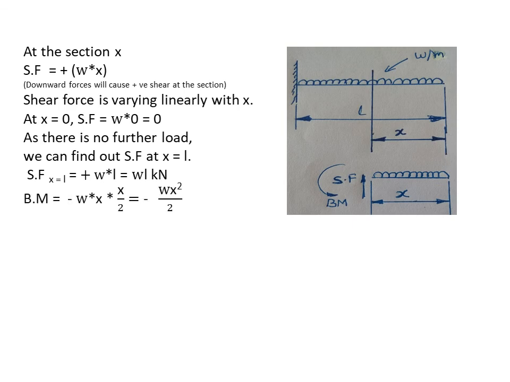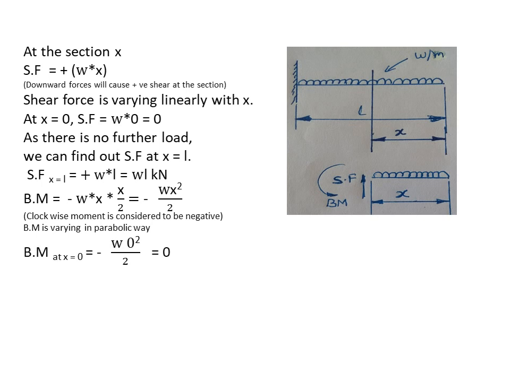Bending moment is equal to minus W into x, that is the total load, multiplied by x by 2, that is the mid of the span of the loading, which is equal to minus Wx square by 2. Clockwise moment is considered to be negative. That's why we have indicated minus. Here, bending moment varies in a parabolic way.